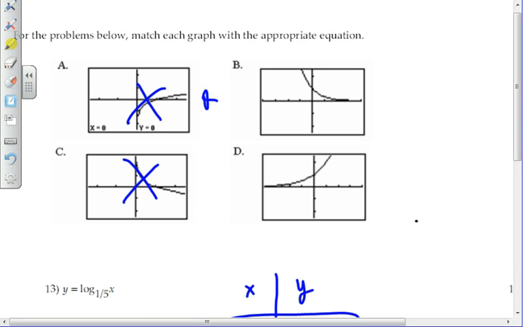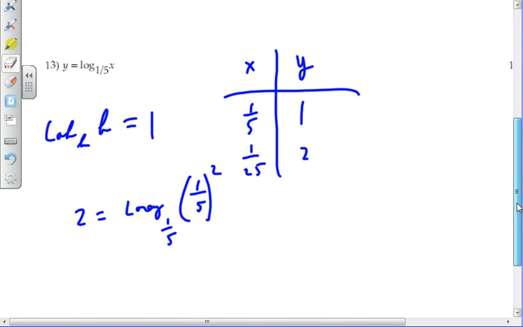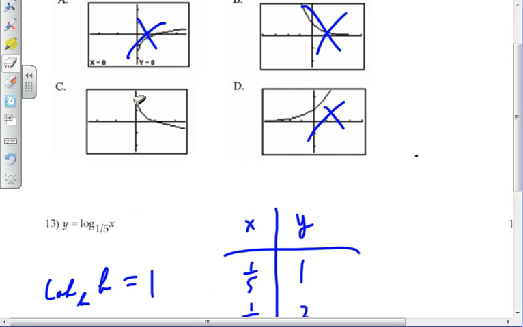Y is a 2. None of these work. So I would say they're all wrong. Yeah. Well, maybe not. Let's look at this guy. When I cross through 1, when y is 2, 1/25.